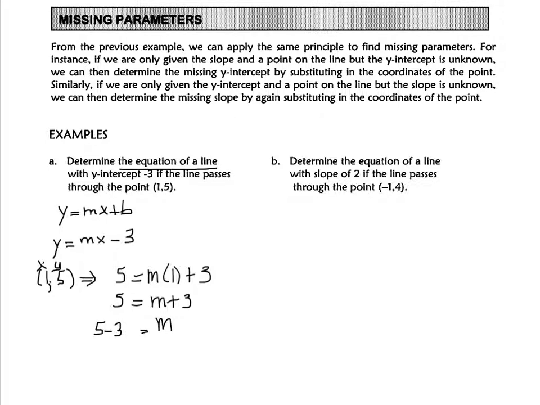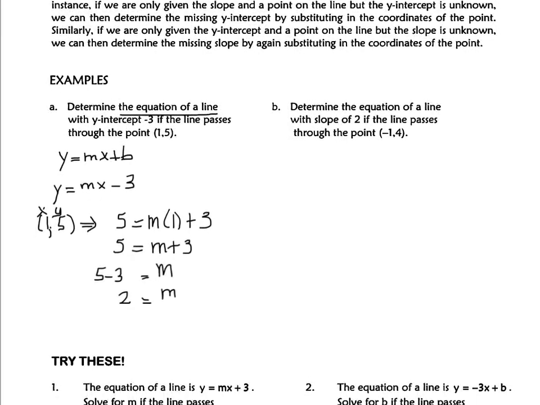We just isolate the variable by bringing the 3 over to the other side or adding 3 to both sides, whatever way you want to look at it. We end up with m equals 8. So that gives us an equation of y equals 8x minus 3.